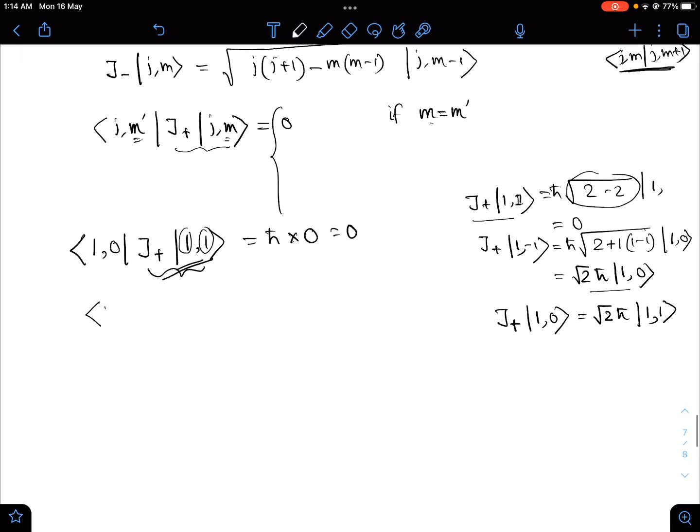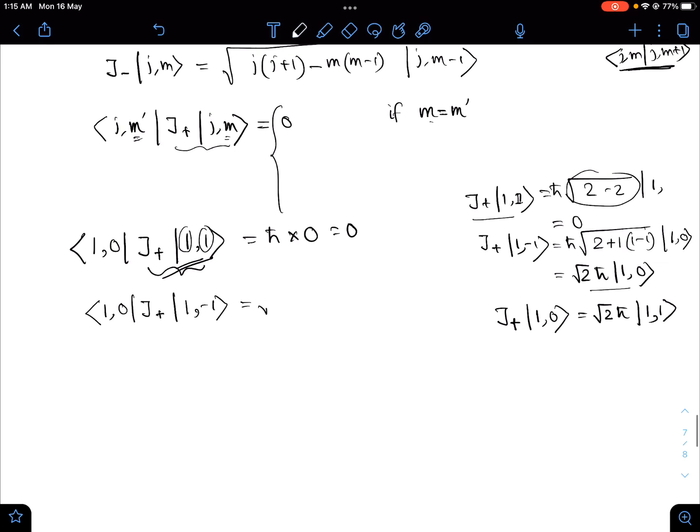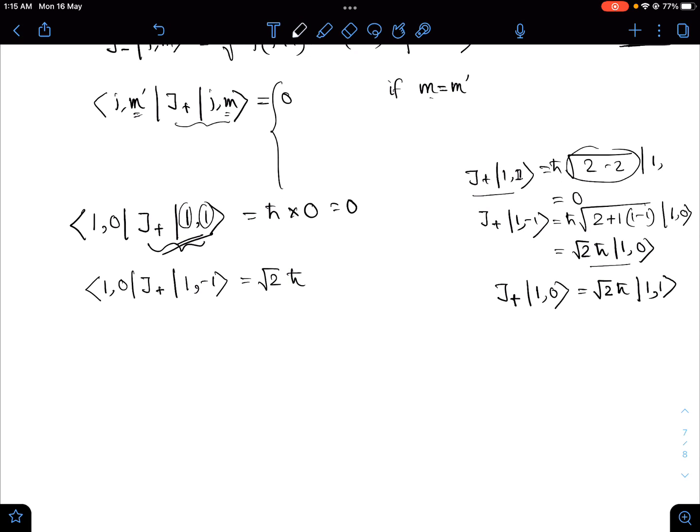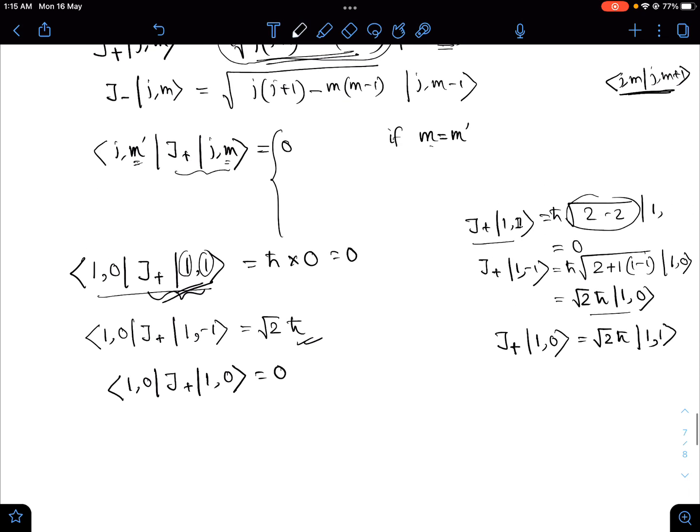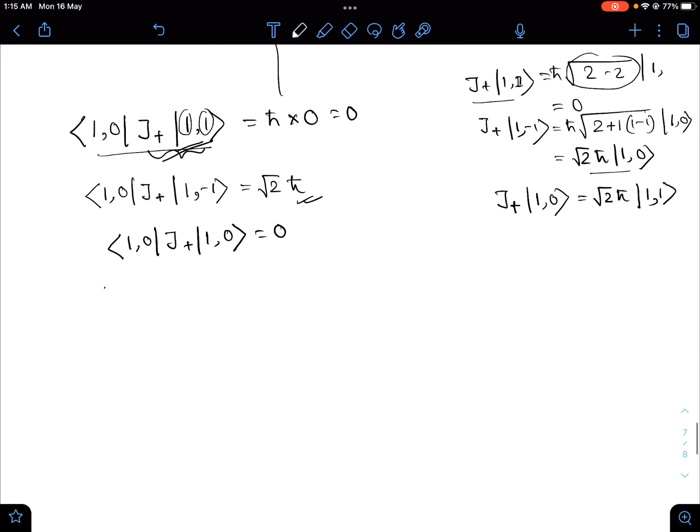What will be J plus on |1 -1>? It will give us root 2 ħ |1 0>. So that is one matrix element, that is another matrix element, and we have this matrix element to be 0, because m and m dashed are the same. Similarly we can calculate for different states.